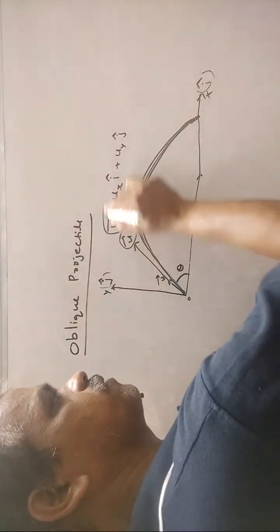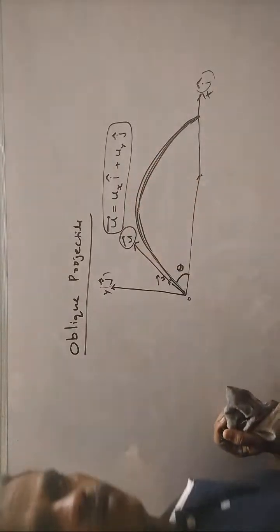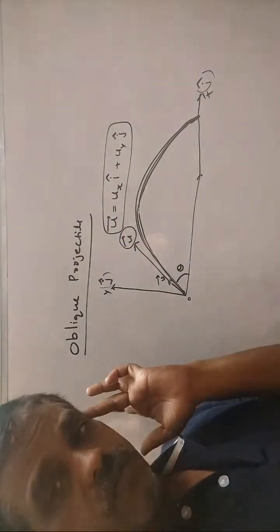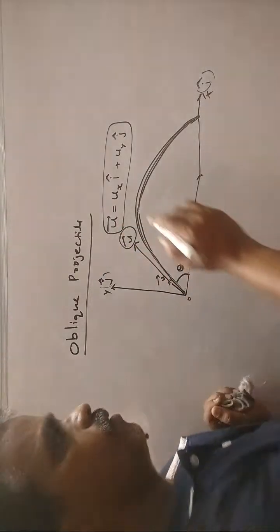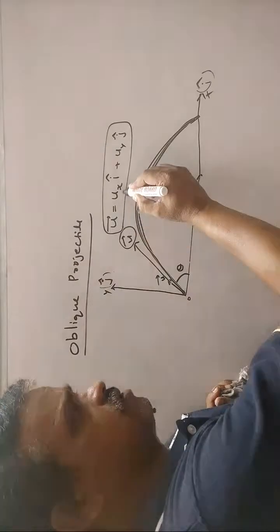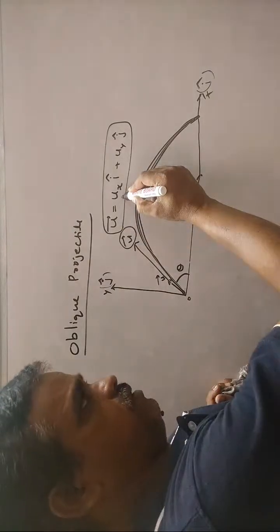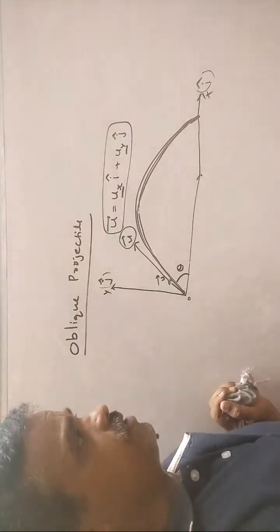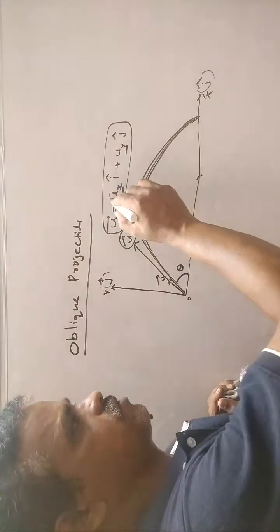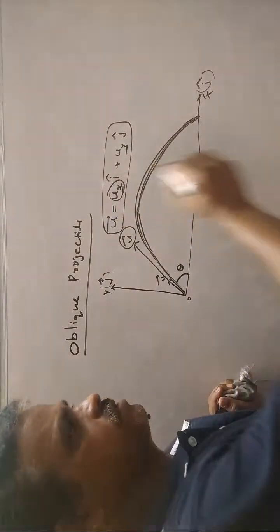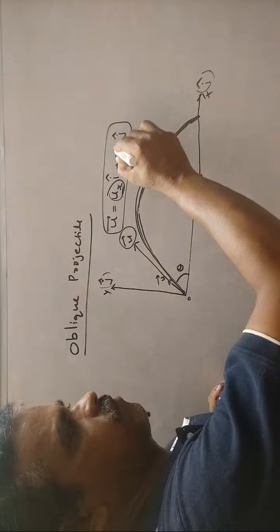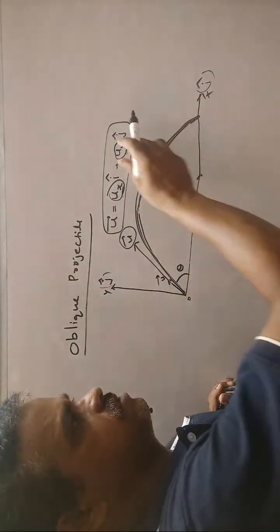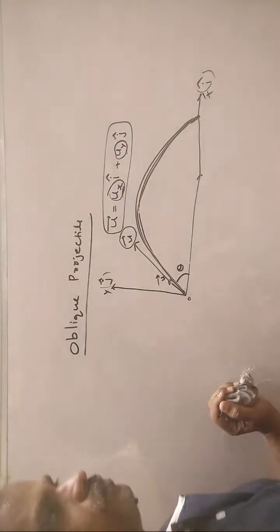So the initial velocity vector in terms of the ux component along the x-axis and the uy component along the y-axis, with I the unit vector along the x-axis and j the unit vector along the y-axis.